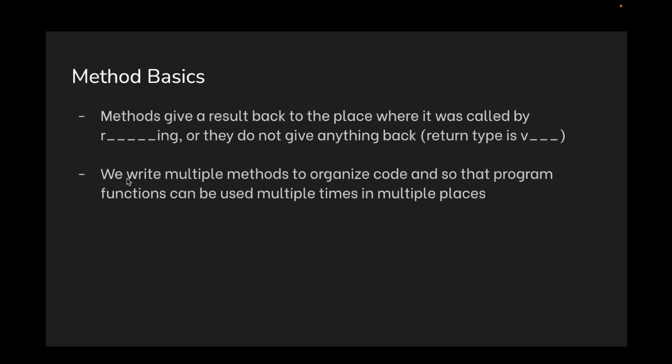So we write multiple methods to organize code, and so that program functions can be used multiple times in multiple places. Like say you wanted to perform that calculation multiple times, right? You don't want to write the same code over and over again. What you want to do is write one method and then run that method over and over again whenever you want to run that calculation, right?